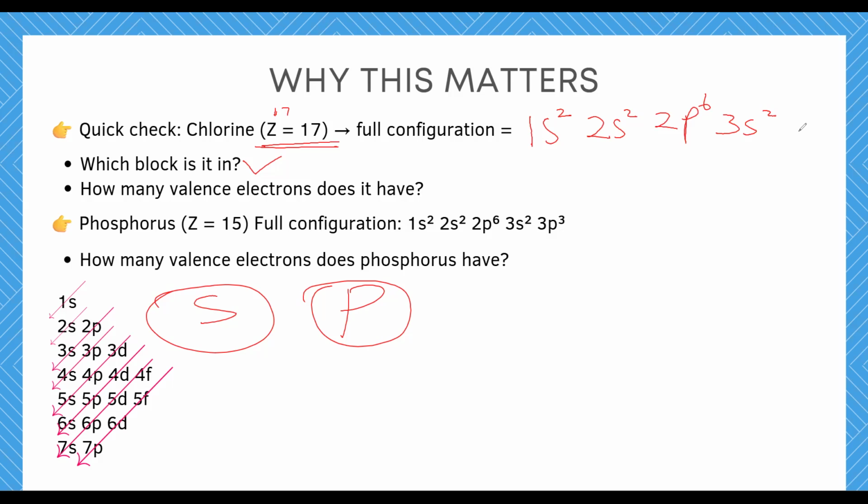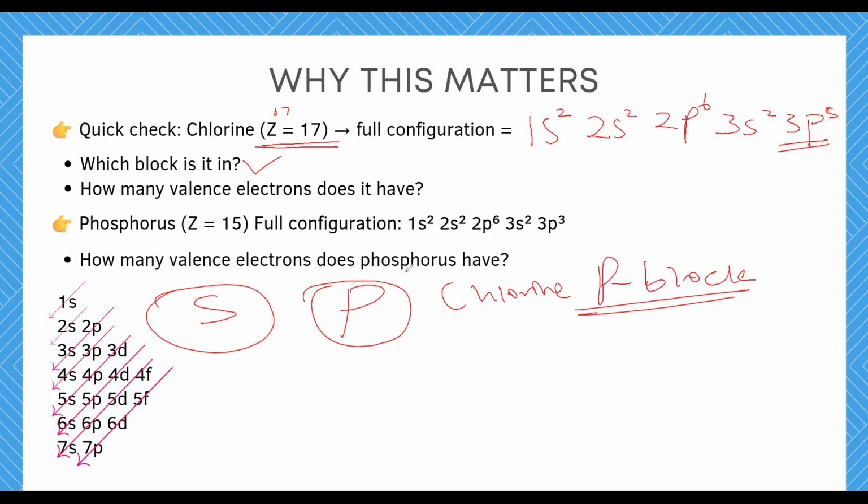That's 12. How many do we have left? 5. Good. So after 3s, we have 3p5. So we arrive at this answer, that chlorine is on the P block of the periodic table. Did you see that? Good, beautiful.